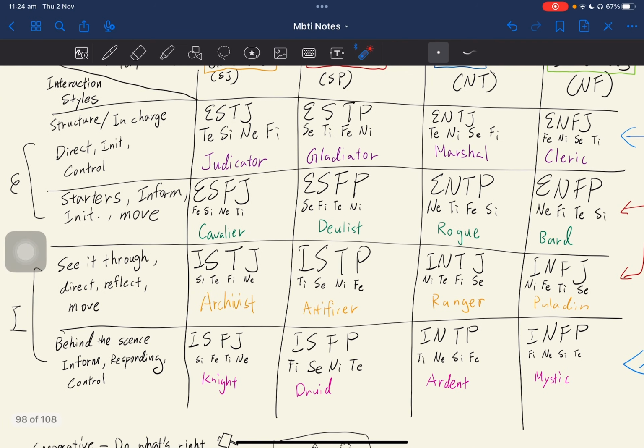And ESFJ, in a party. So these are the party people, I guess. In a party, they make sure everybody has drinks and food. And this one is the party people. They're always having fun, very fun-loving people.